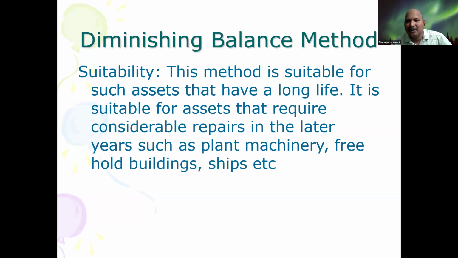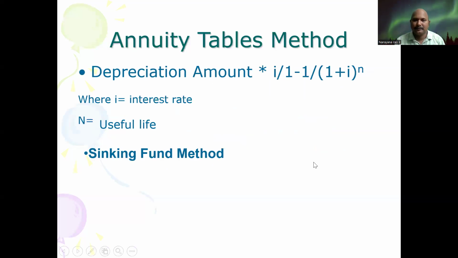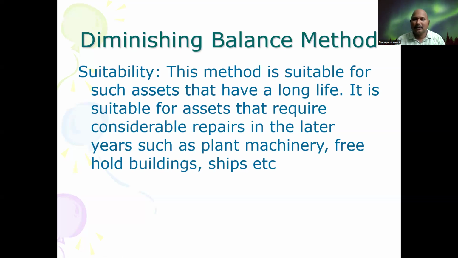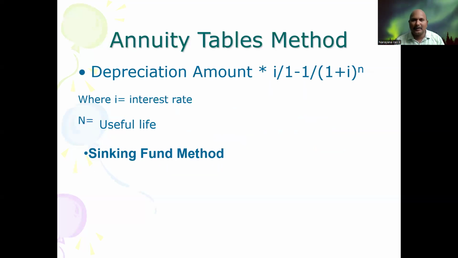But in the diminishing balance method, assets which require repairs, maintenance charges, and have a long life are suitable for this method. Here, the depreciation will be calculated on the opening balance every year.